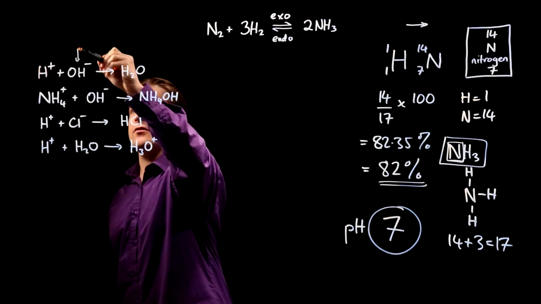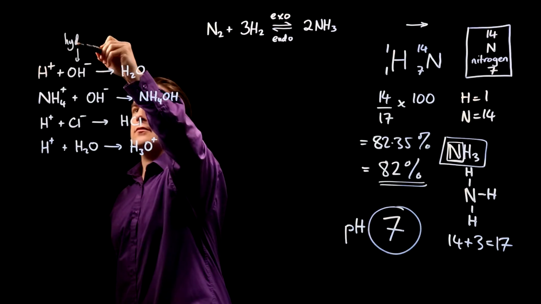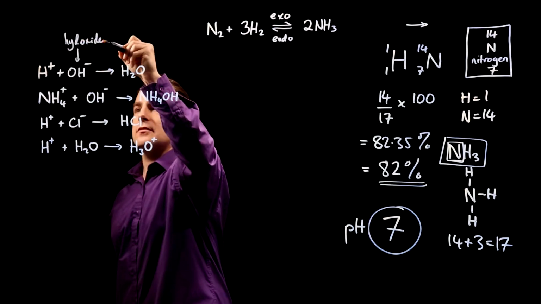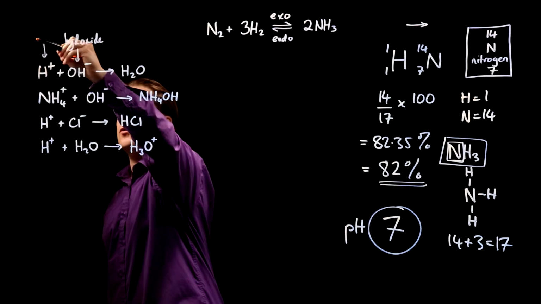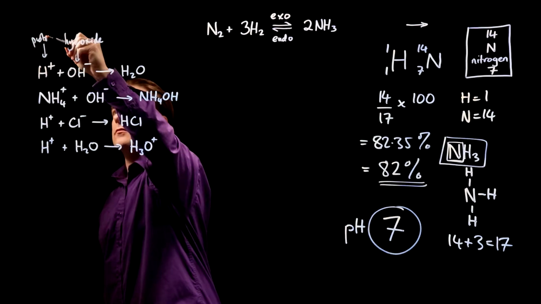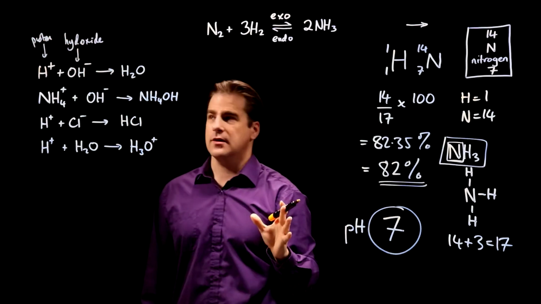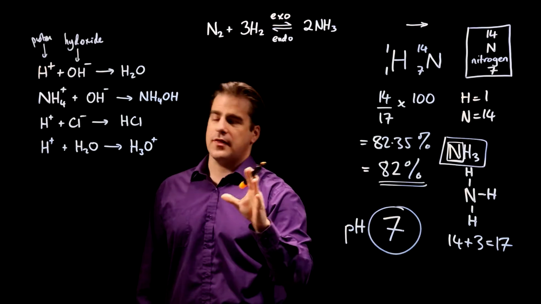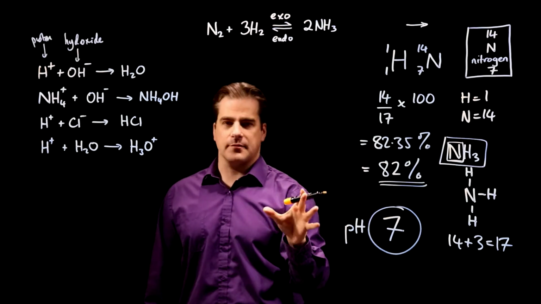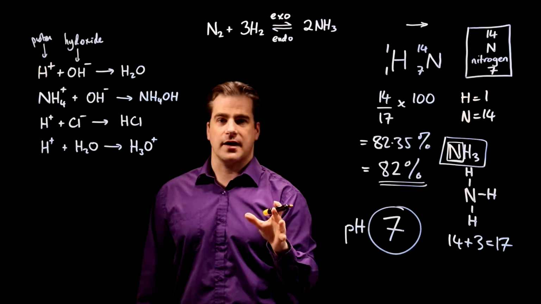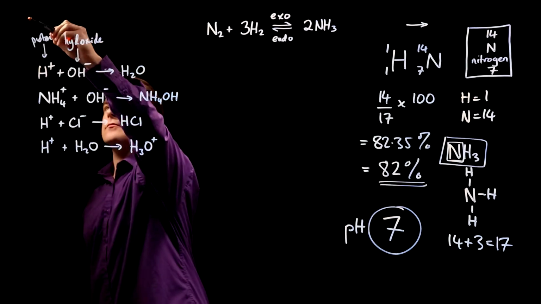So that's hydroxide, and that's, you can call it a proton. It is a proton, but in your exams they're probably more likely to refer to it as a hydrogen ion.